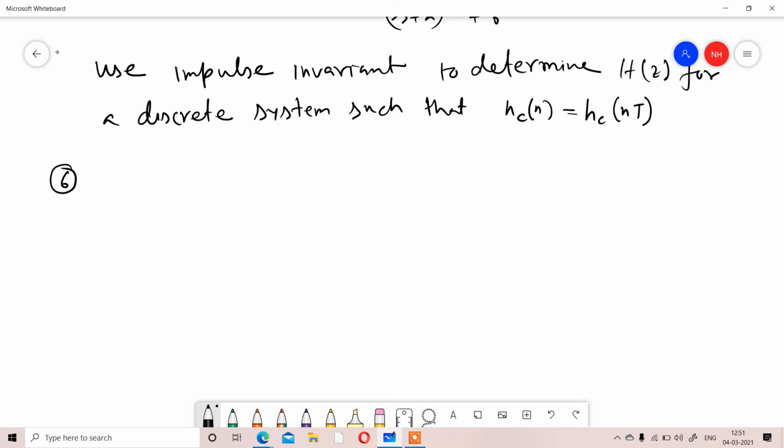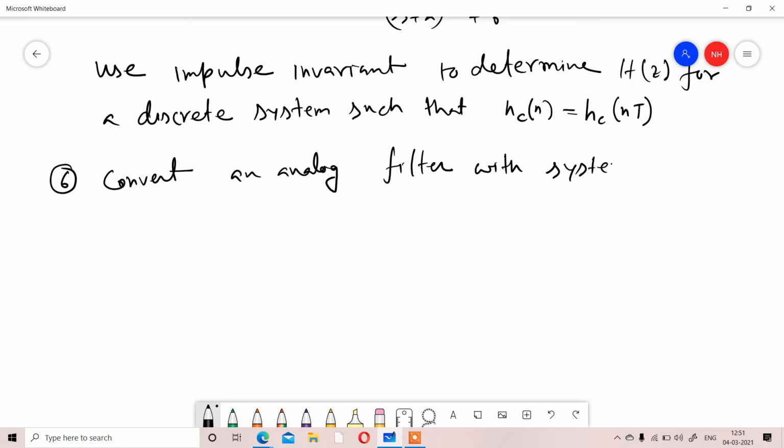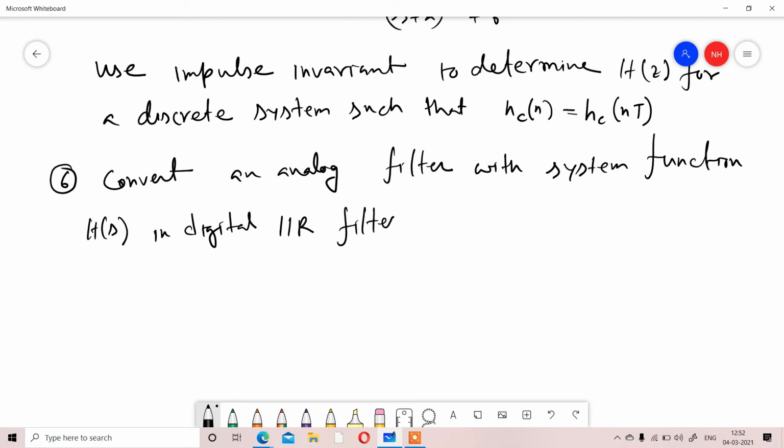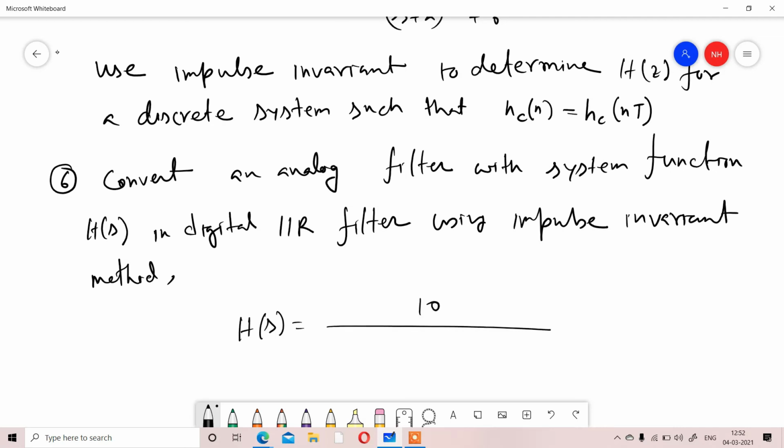And the last problem is that convert an analog filter with system function H(s) into a digital IIR filter using the impulse invariant method, where the analog filter H(s) is given as 10 by s square plus 7s plus 10.